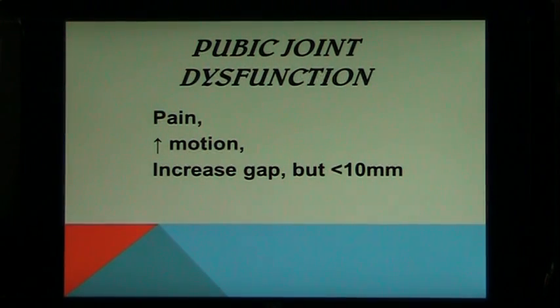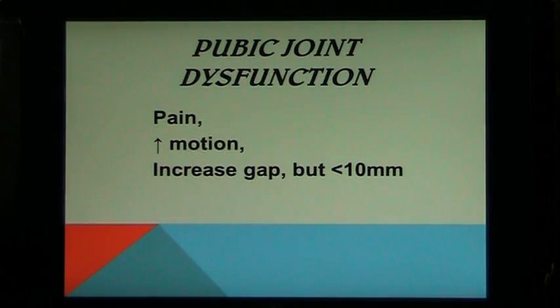So we're going to move on and talk about pubic joint dysfunction. We're going to talk about pain, which can occur with increased motion and increased gaps, such as occurs during pregnancy or with trauma. But typically, the demarcation is 10 millimeters. If you have 10 millimeters or less of spreading of the symphysis pubis, it's not considered a rupture.